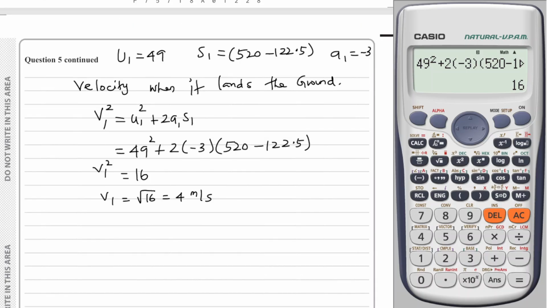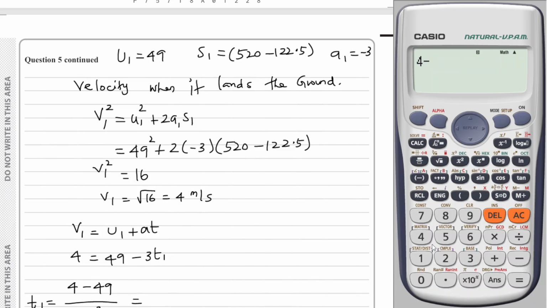With the help of U1, S1, A1 and V1 we can calculate the T value. We can use the formula V is equal to U plus AT. So this is 4 is equal to 49 minus 3 times T1. So 4 minus 49 divided by minus 3 is equal to T1. So the answer will be 15.